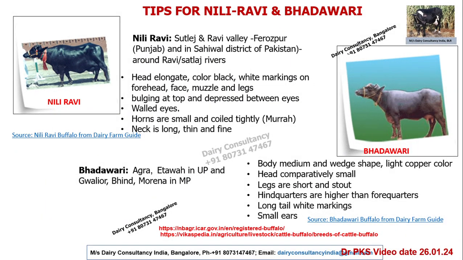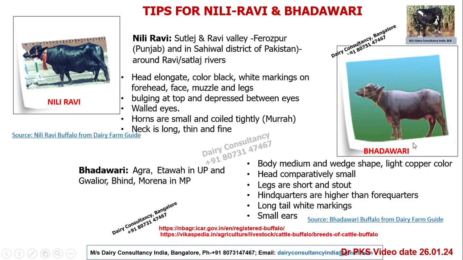Come to the Nili Ravi. This is again a breeding tract which is in the Firozpur and Sahiwal district of Pakistan. And similarly here, when you come to the Bhadawari, it is from Agra, Etawah, UP, Gwalior, Bhind, Morena, and that part of the area, right up to western UP. You will find this kind of animal, whose special character is the copper color tinge.